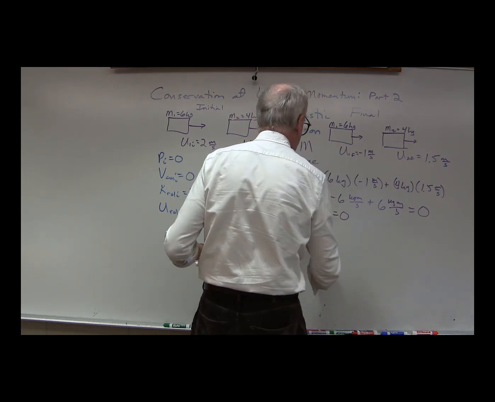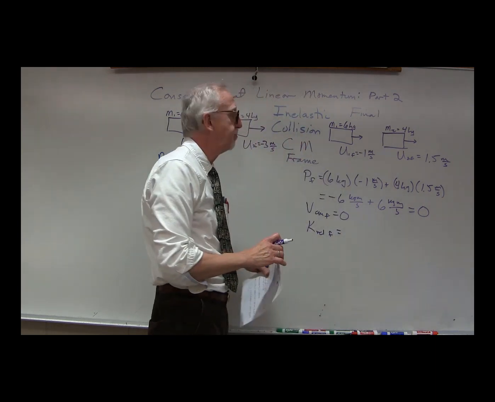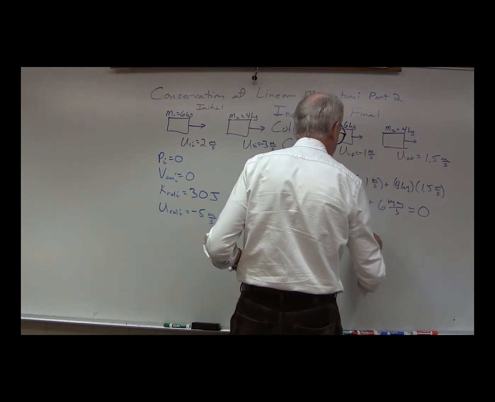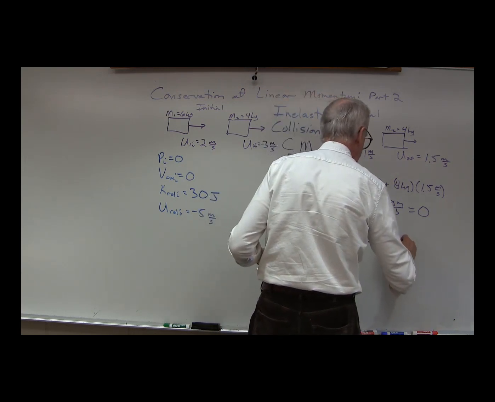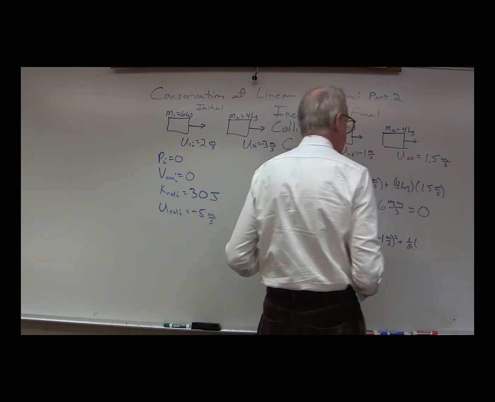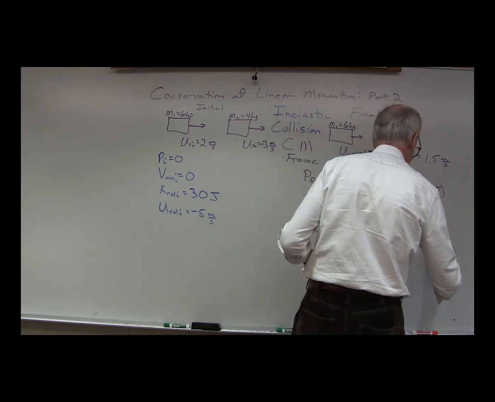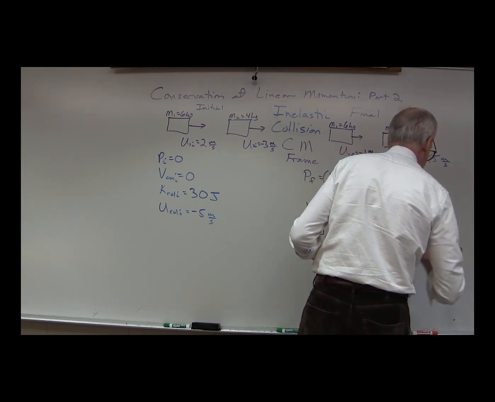What is our final relative kinetic energy? We have 1/2 times 6 kilograms times negative 1 meter per second squared, plus 1/2 times 4 kilograms times 1.5 meters per second squared.